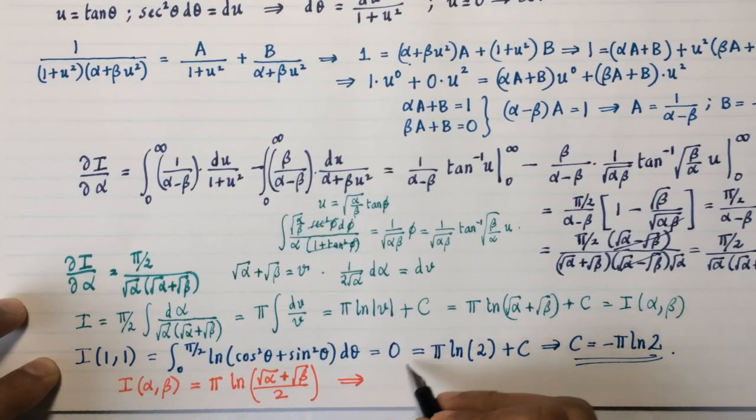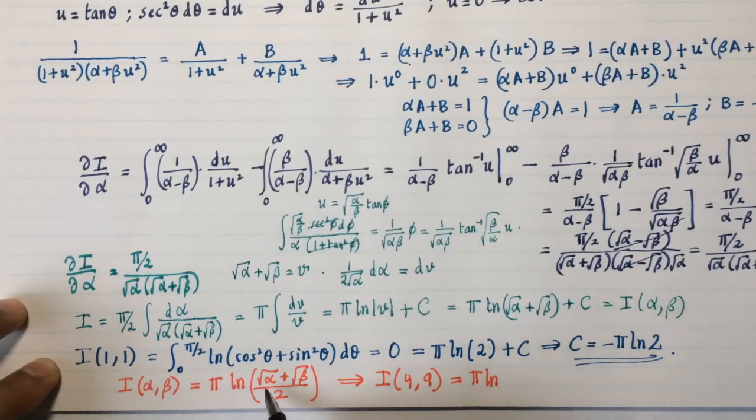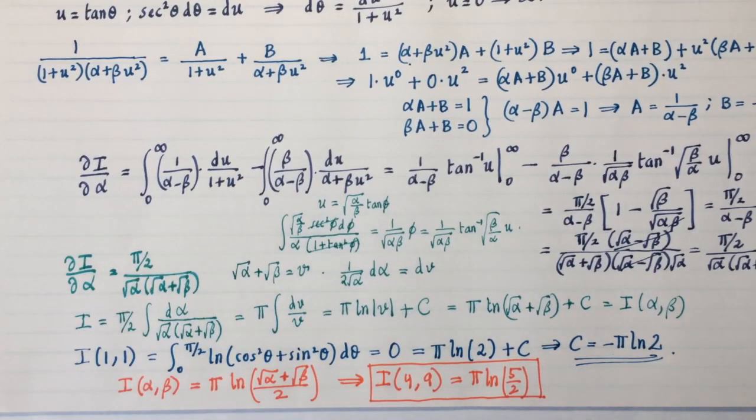Now finally we can get our answer because I of alpha is 4 and beta is 9. What is that? It's going to be pi times natural log of root 4, which is 2, plus root 9, which is 3, divided by 2. So our initial integral has been evaluated. Quite amazing.